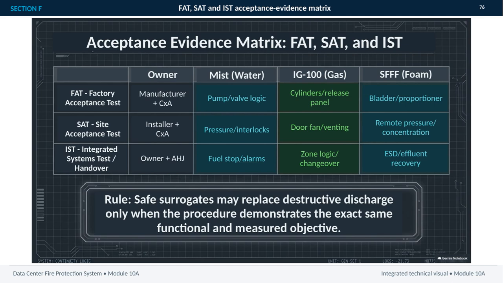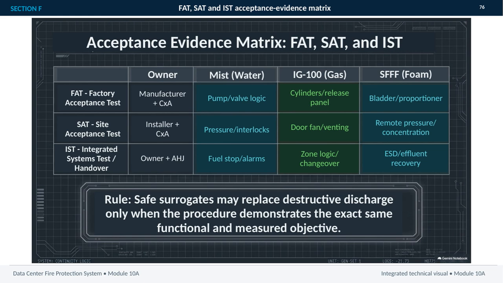It focuses on equipment-level behavior, including pump and valve logic, cylinder and release panel operation, and the bladder or proportioner. SAT, or site acceptance testing, is performed by the installer and CXA after installation. The evidence shifts to site conditions, such as pressure and interlocks, door fan and venting performance, and remote pressure or concentration measurements.